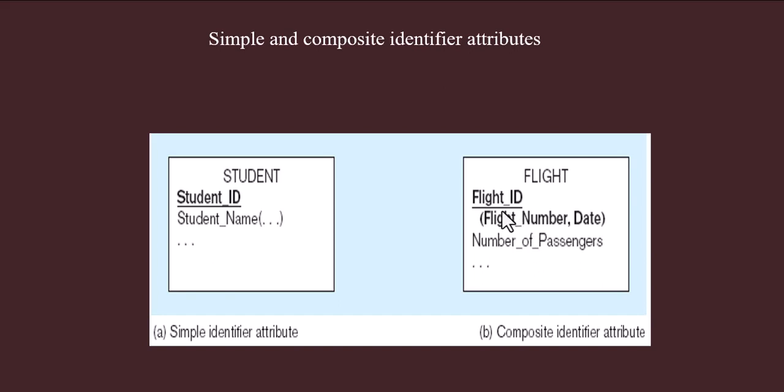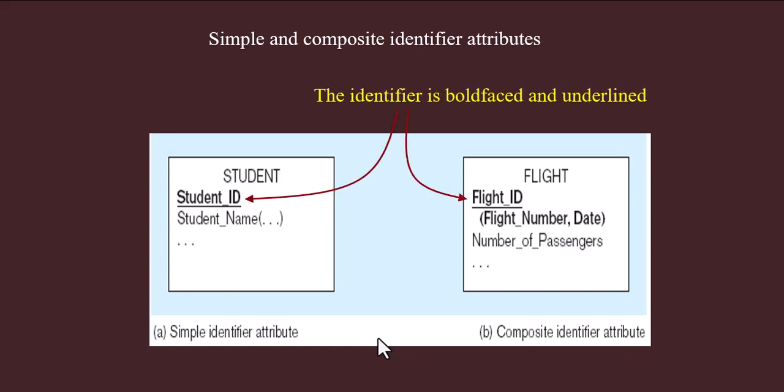So here more than one attribute has the ability to identify the whole entity type. So here student ID is a simple identifier attribute, and flight ID, which consists of flight number and date, these two. So combining these two composite attributes identifies the whole tuple.